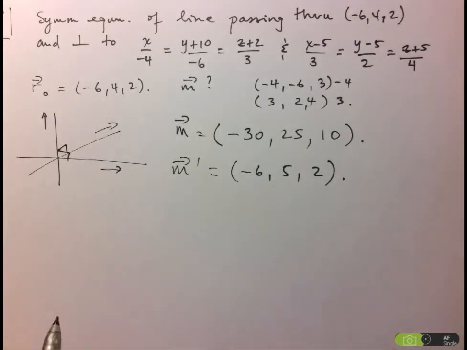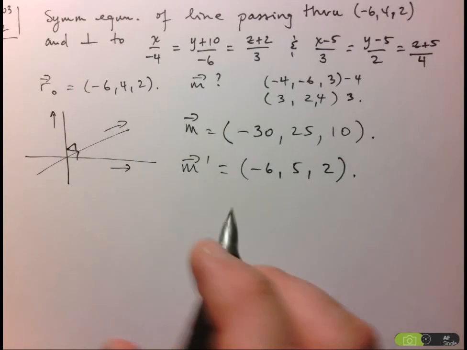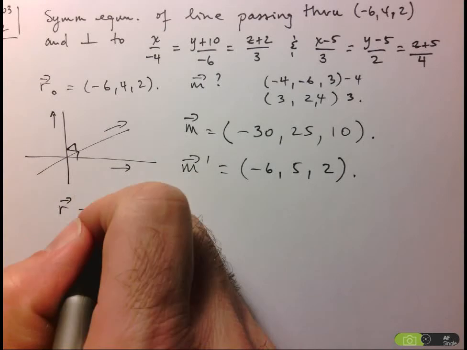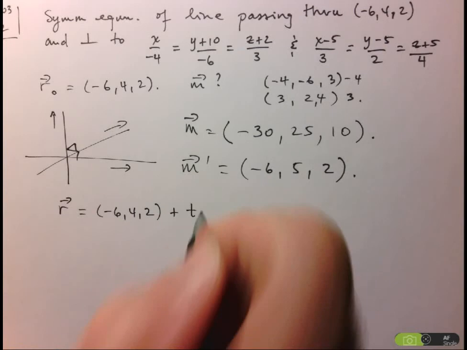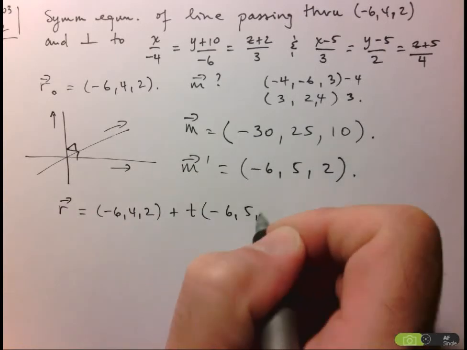We can go ahead and write the equation of the line. I'm going to write all three, just so that you can see how all three are written. I can write it in vector form: the point -6, 4, 2 plus my parameter times the direction vector -6, 5, 2.